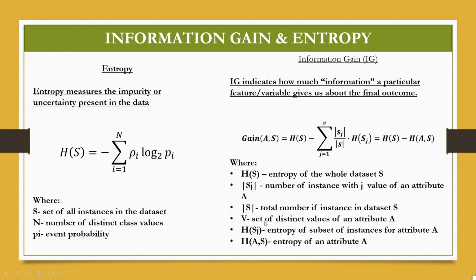V is the set of distinct values of an attribute A. H(Sj) is the entropy of a subset of instances, and H(A, S) is the entropy of an attribute A. Even though this seems confusing, I'll clear out the confusion.